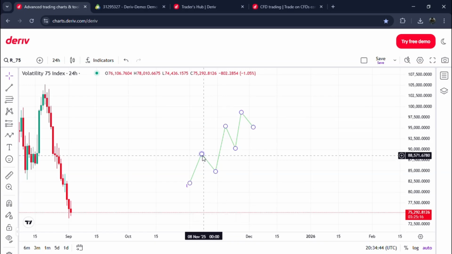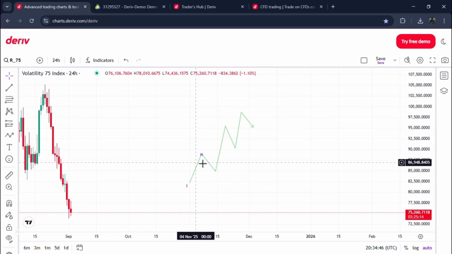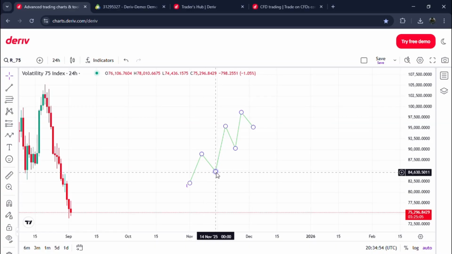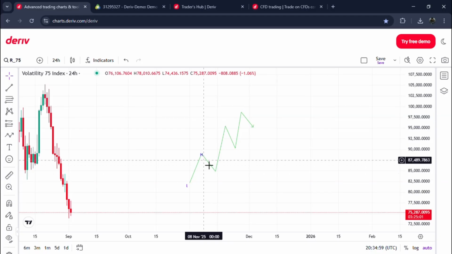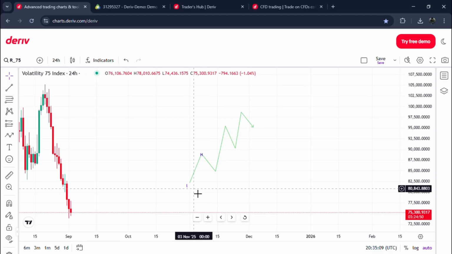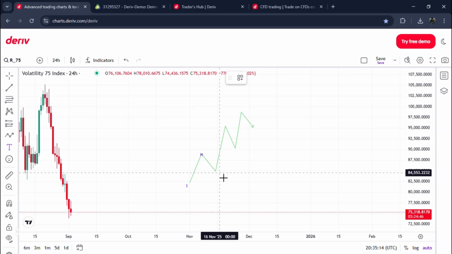So you need to understand, if this is a high and this is a low, and this is a high, meaning this one will be a higher low, because it's clearly below this high. So it's a low, but it's higher than this low. So it becomes a higher low.